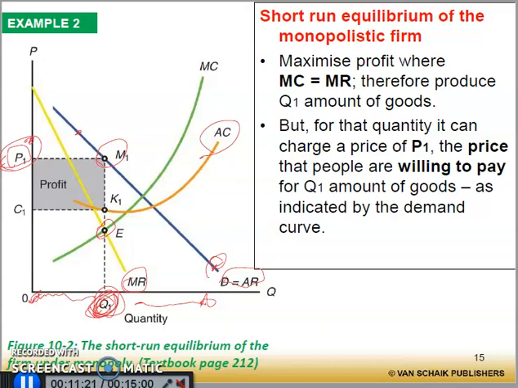This is the difference between this point and this point, between M1 and K1. And the firm's total economic profit is indicated by this shaded area here, the area between P1, M1, K1, and C1.